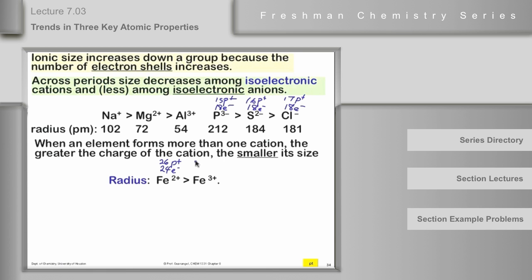Iron 3 plus has 26 protons and 23 electrons. So iron 3 ought to be smaller. Its 26 positive charges can compress a 23 electron cloud more than a 26 can compress a 24 electron cloud. So for a given element or type of atom, the larger the positive charge on it, the smaller it is.